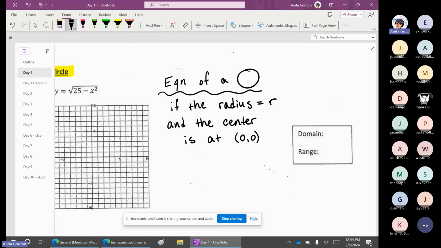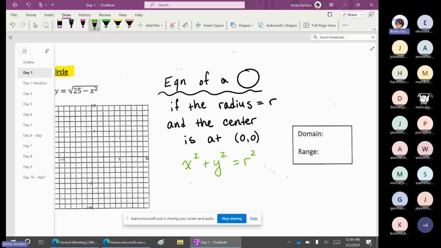So we have a circle on a graph that's centered on the origin. Then the equation looks like this: x squared plus y squared equals r squared. This is the equation of a circle.